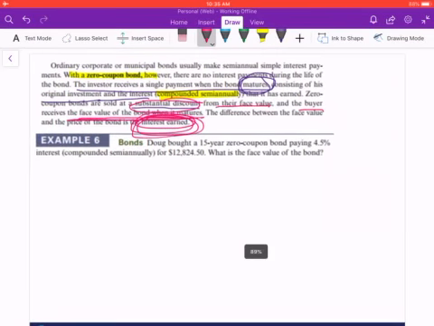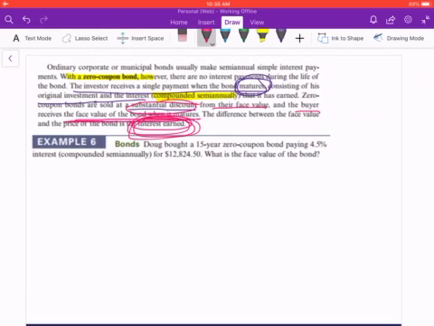So we have here this example, number 6. It says Doug bought a 15-year zero coupon bond paying 4.5% interest compounded semi-annually for $12,824.50. What is the face value of the bond?